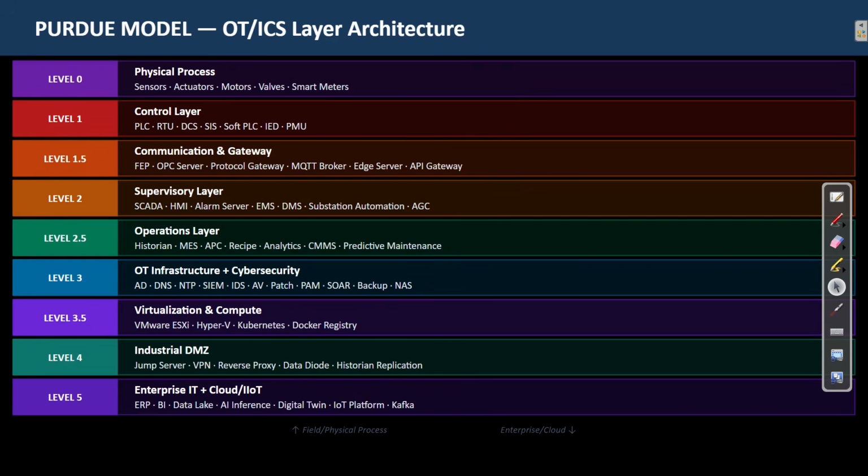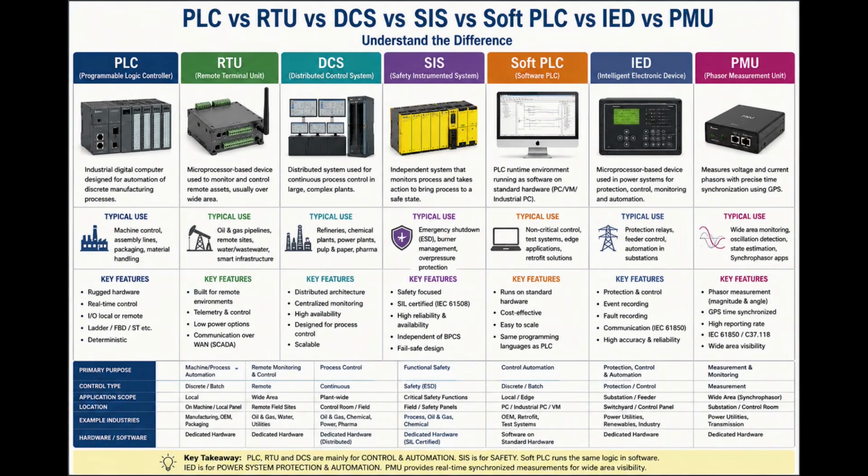These are actual components. Now when it comes to level 1, this layer directly controls the machine and physical process present at level 0. Which devices are we using at level 1? There is PLC, RTU, distributed control system, safety instrumented system, intelligent electronic device, phasor measurement unit.